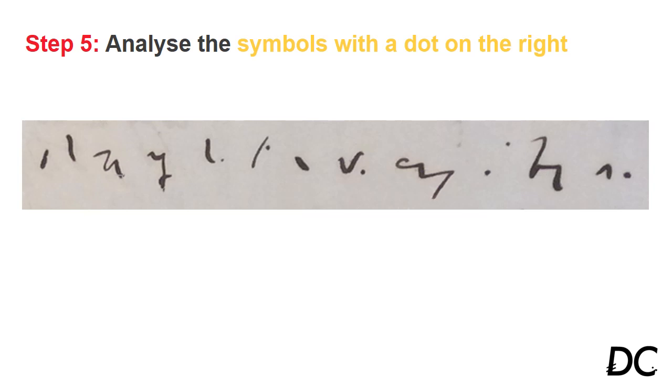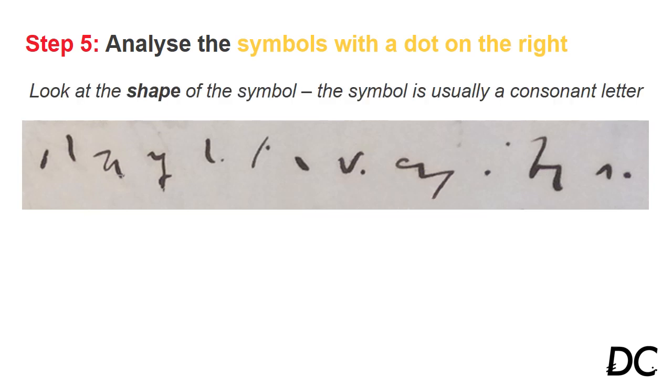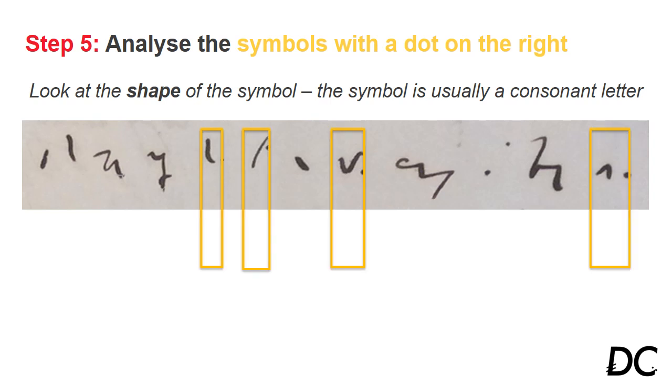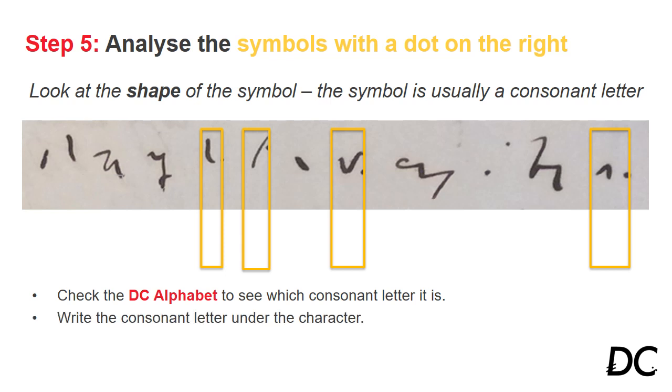So, step 5, analysing the symbols with a dot on the right. The first thing to remember is that a symbol with a dot on the right stands for a consonant letter or letters. To work out which consonant letter it is, you look at the shape of the symbol, and then you have to use the DC alphabet, find the symbol on the list, and write down the consonant under the symbol.